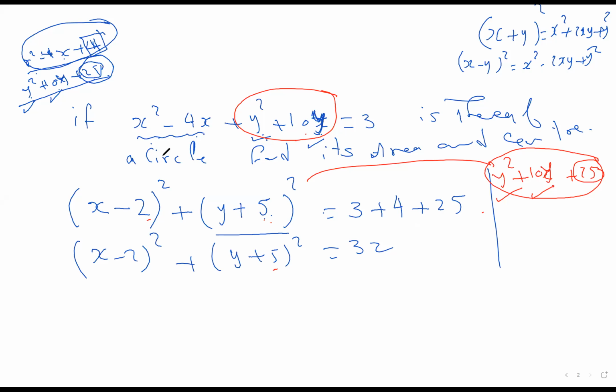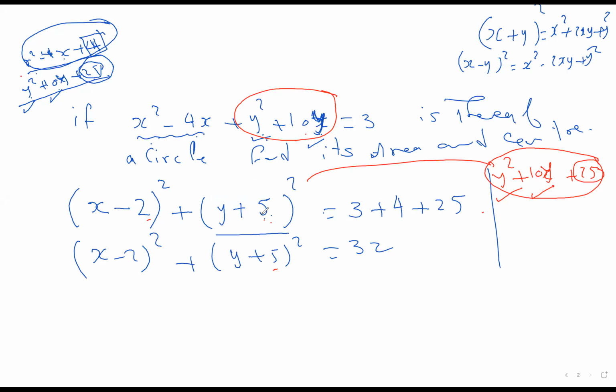Put x and half this number and put its square on the other side. Why? Because this expression has 3 terms, x squared minus 4x plus 4. So you put 4 extra here, you have to put it in the other side to keep the equality of the two sides of the equation. And the other one, y squared plus 10y, you put y and the same sign and half this number and make it all squared.